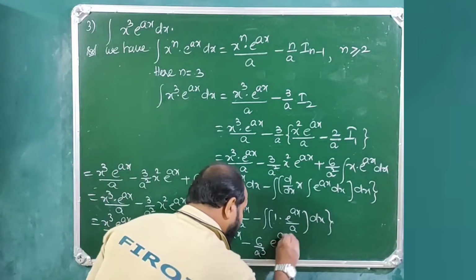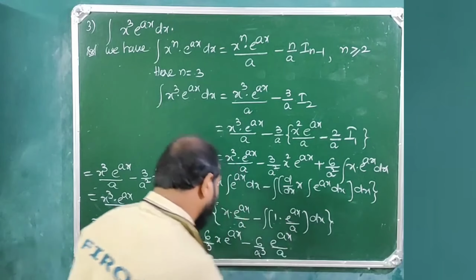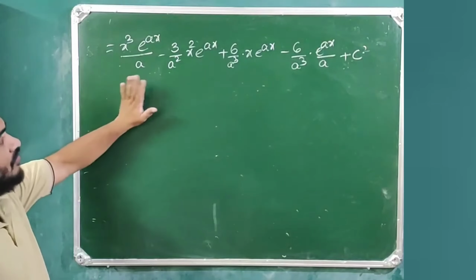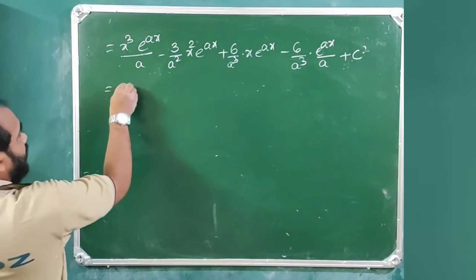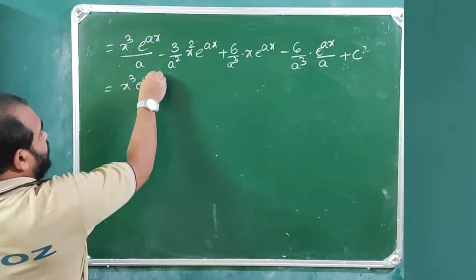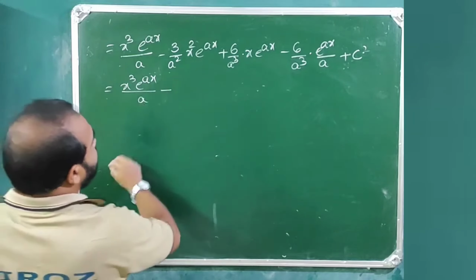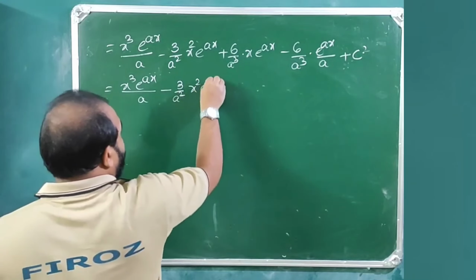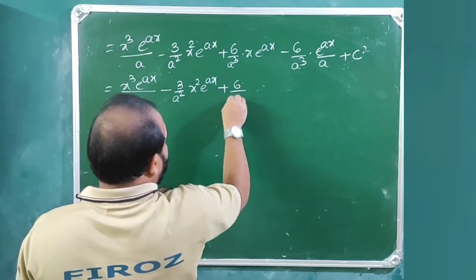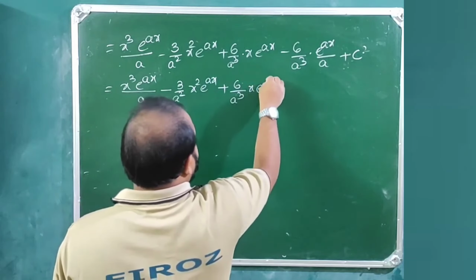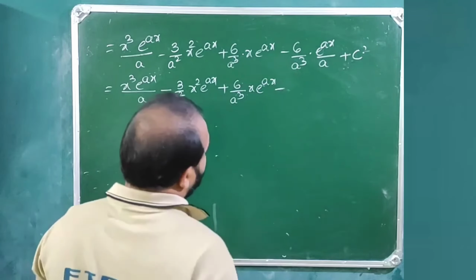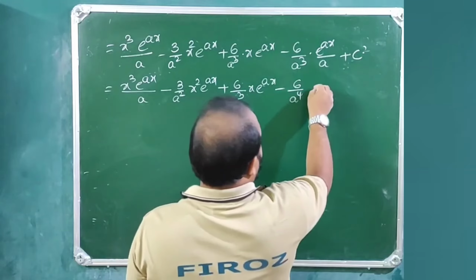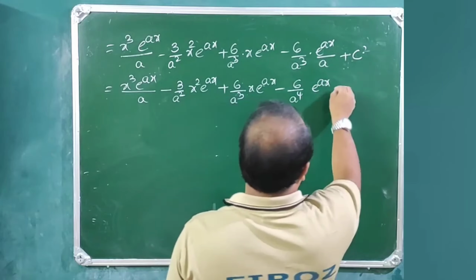So e power ax by a plus constant of integration c. So this is what we have obtained so far. This is x cube e power ax by a minus 3 by a square x square e power ax plus 6 by a cube into x e power ax minus a cube into a is a power 4, 6 by a power 4 into e power ax plus c.